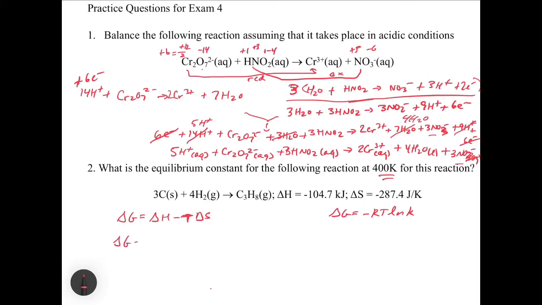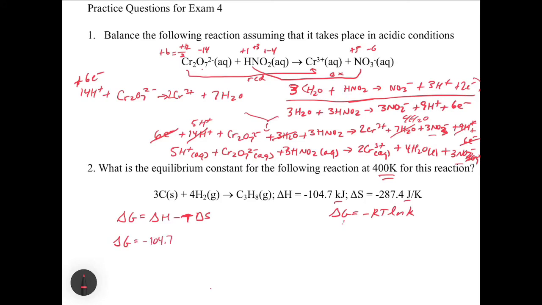So the delta G in this case, remember, you have to pick a set of units for this because we have joules and we have kilojoules. So I'm going to go in joules because over here, this has to be in joules for this to work. So I'm going to do a quick conversion of my kilojoules to joules.